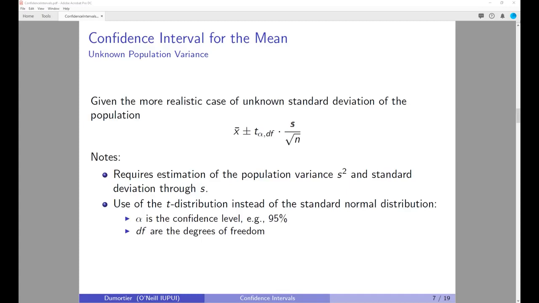The approach is very similar to the construction of the confidence interval when the population standard deviation is known: we divide the estimate of the standard deviation by the square root of n. But now we cannot use the z value anymore; we have to use what is called the t value.